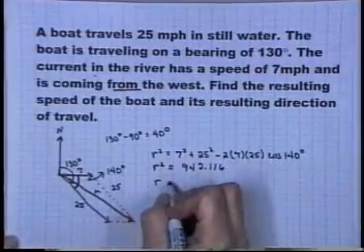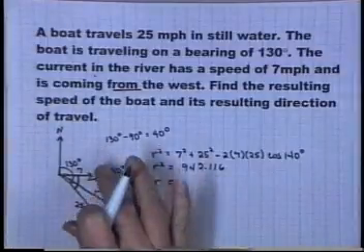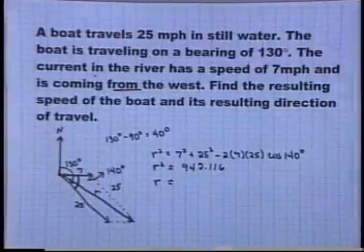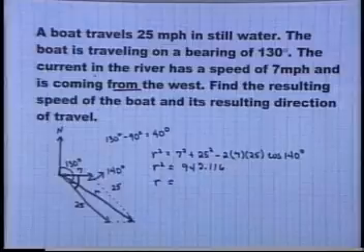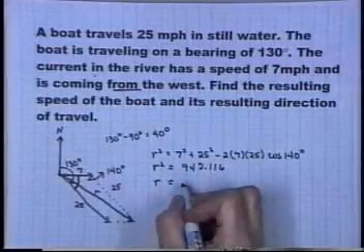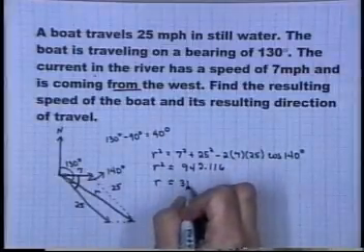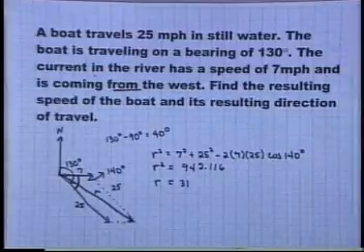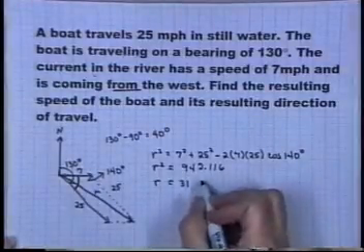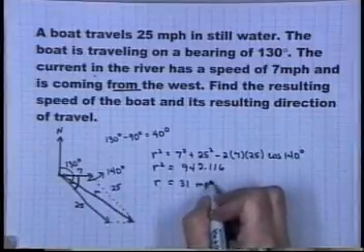Now we'll square root that to get r. And again, we're given degrees here, so let's keep two significant digits as we do this. So r, rounding to two significant digits, is about 31. So we're going to say that the speed of the boat is about 31 miles per hour, the resulting speed.